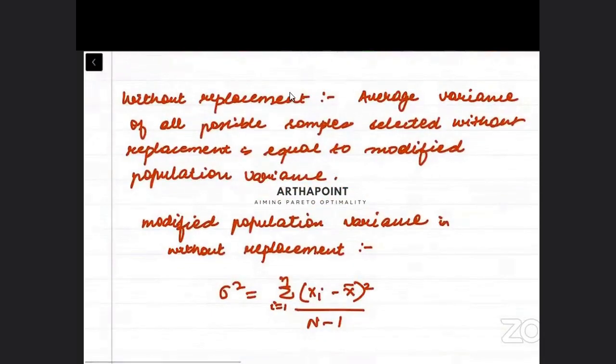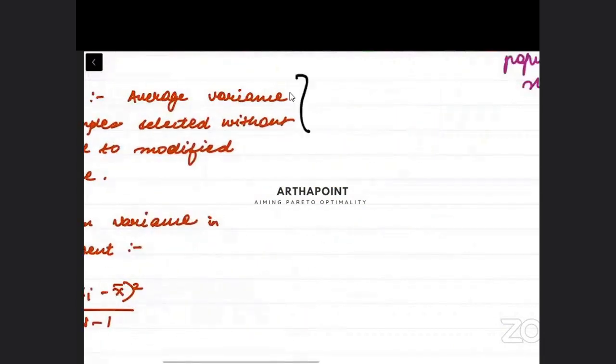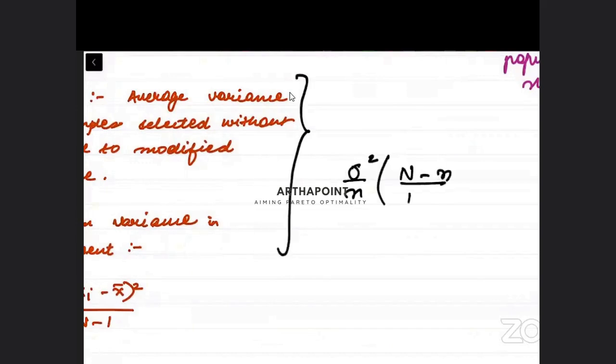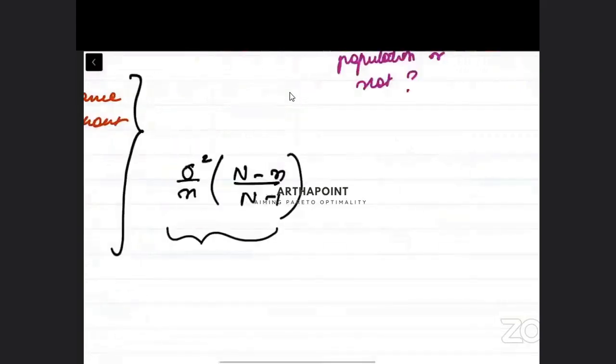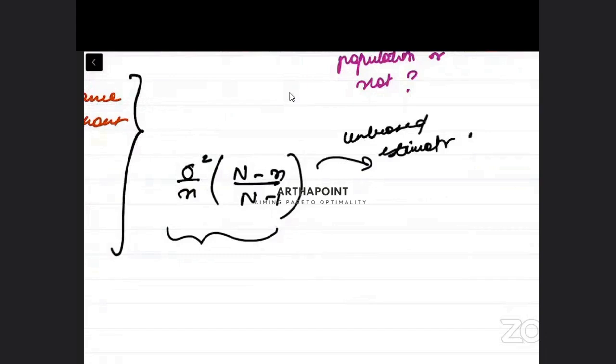Then we talk about what happens without replacement. Without replacement, the variance that I found was sigma square by n, times N minus n by N minus 1. I want to ask, is this an unbiased estimator? I'm just giving you all this extra information. You should remember this: is it an unbiased estimator of sigma square of population?